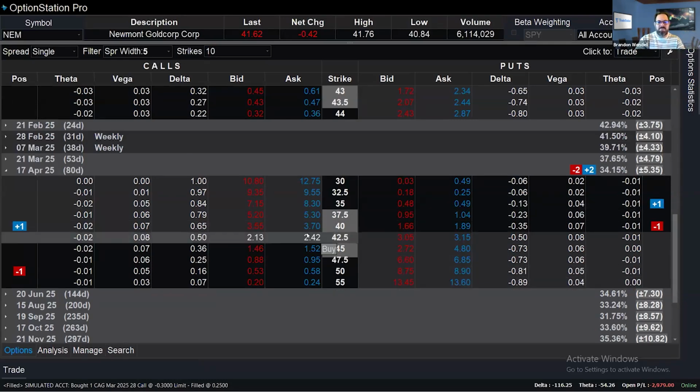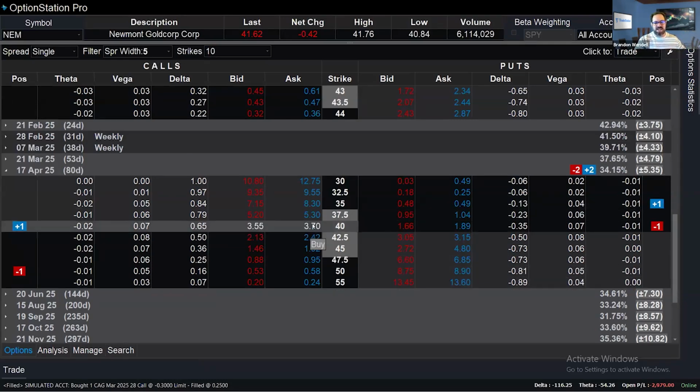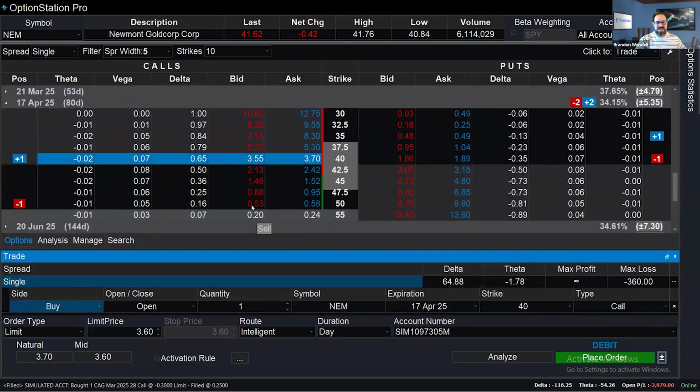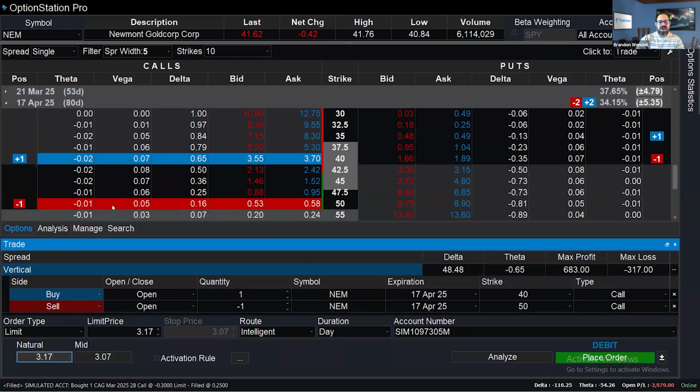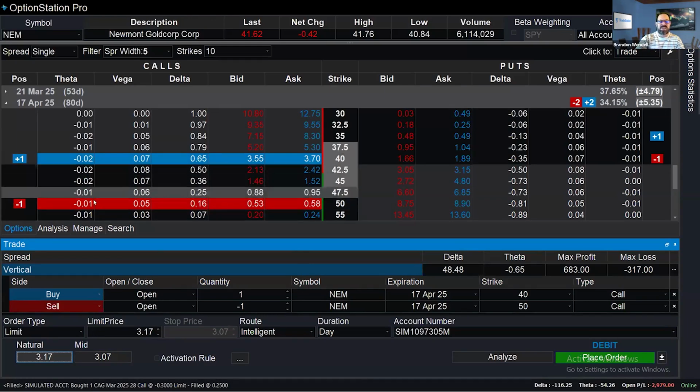I will pay more for the option, as you can see. In this case, the bull call spread, it was long for about 3.70, short for 53 cents. So the net is a cost of 3.07. Again, if I did the natural, it's 3.17 right now. Okay, so I'm paying a premium to get into the position, but I'm buying enough time that I'm not going to waste more than 3 cents every day.